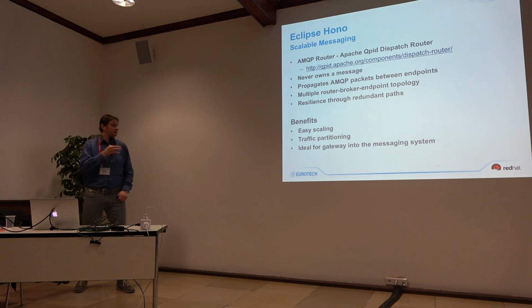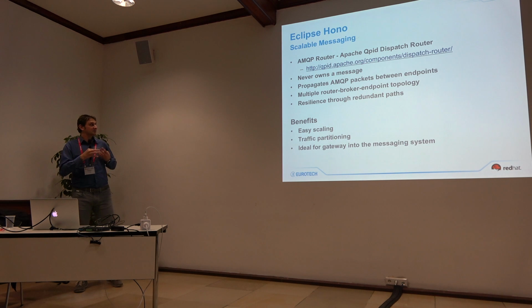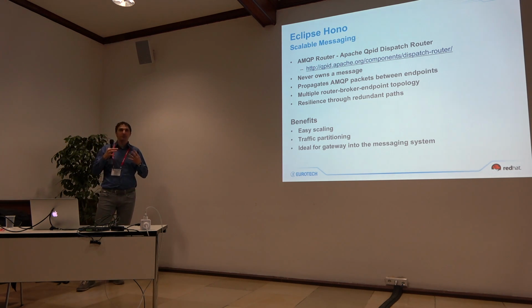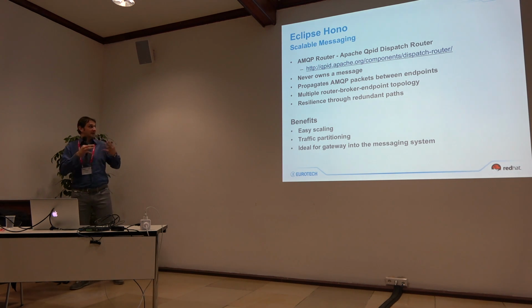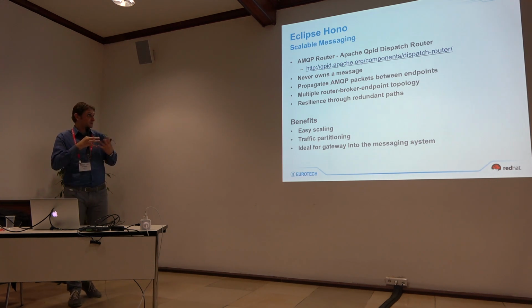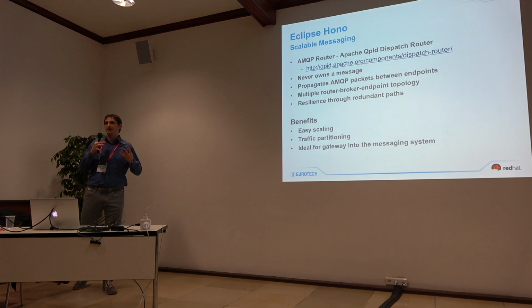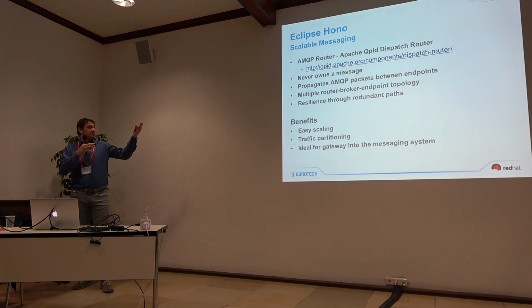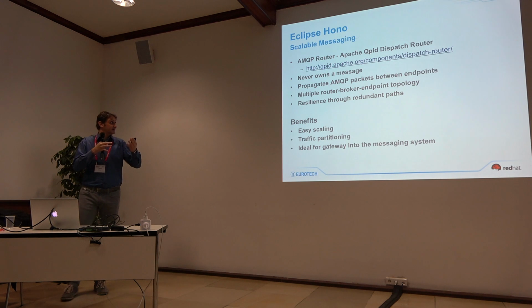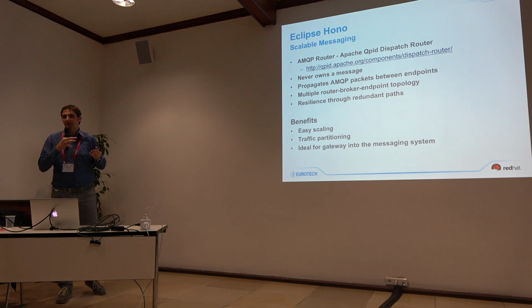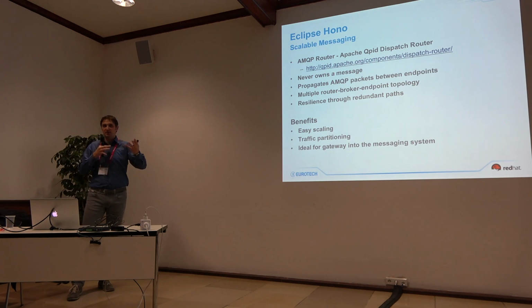It's called Apache Qpid Dispatch Router. And just to clarify what the router is, you can think of the message router as the same as a network router, basically. But instead of routing TCP packets, the AMQP router routes AMQP packets, so it routes messages and all the supporting commands.